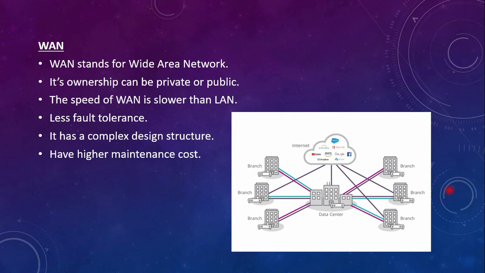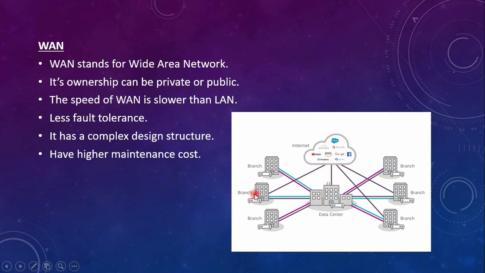So here you can see the figure. In this figure you can see that we are having several branches. For example, let us take an example of a bank. A particular bank is having different branches over here, and the main headquarters is this one. All these are connected to each other, and to a cloud, we can say, or the internet.